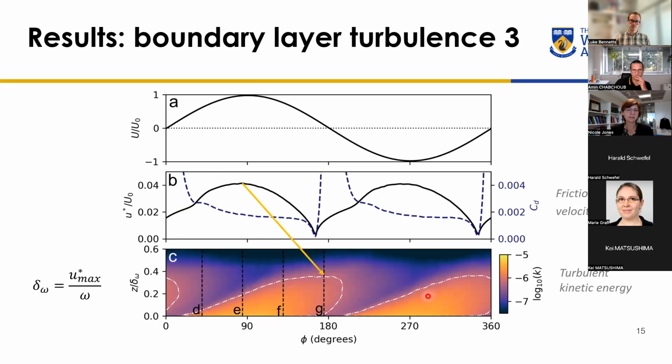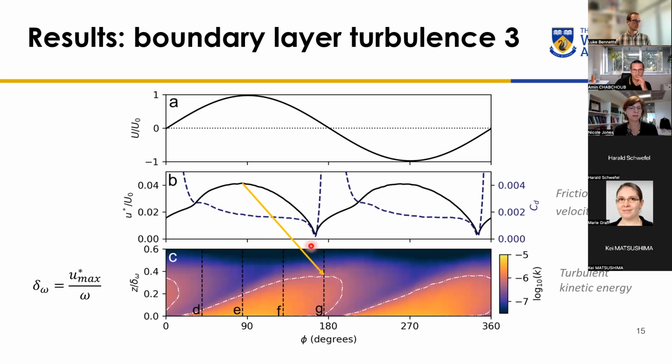What is interesting is that we can see that the peak bed stress does not correspond to the highest vertical extent of this increased turbulent kinetic energy. Instead, it occurs just before we get boundary layer separation and just before the cycle recommences.